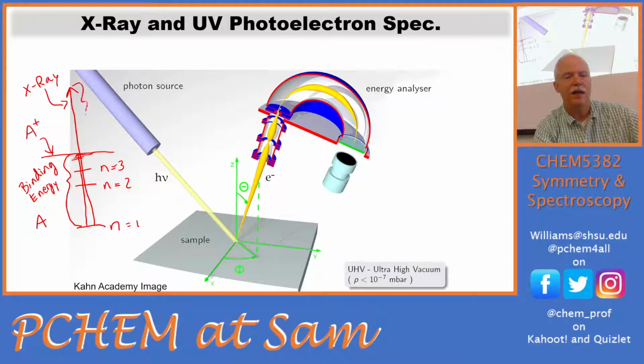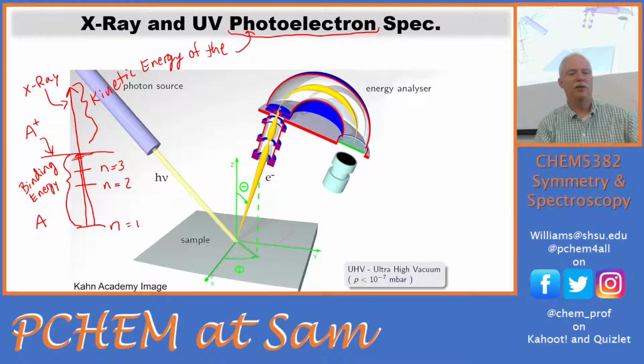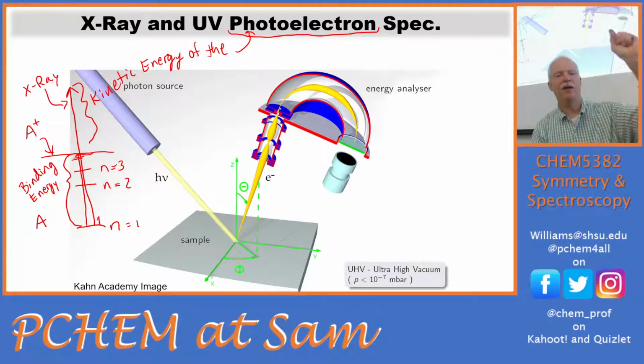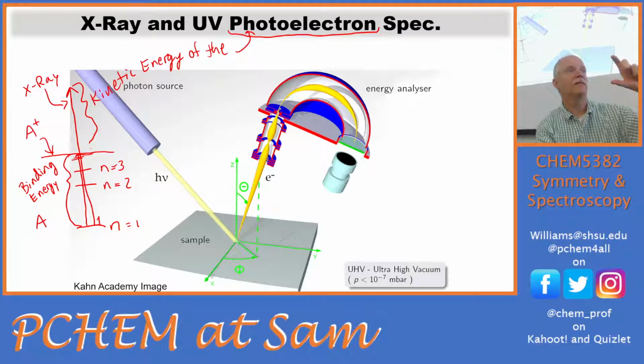And this right here turns into kinetic energy of the photoelectron. So we've pulled this electron, it was sitting in this orbital here. It has come out of that atom, and now it has this chunk right here of kinetic energy.